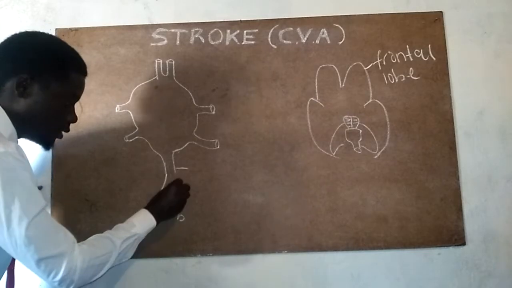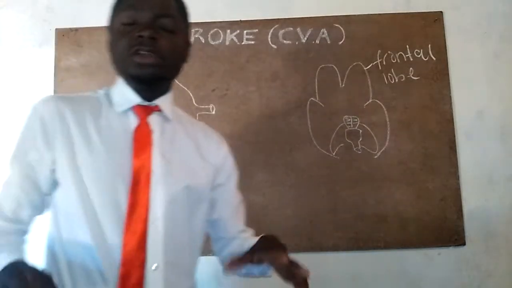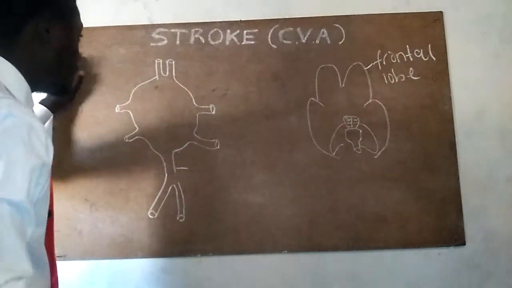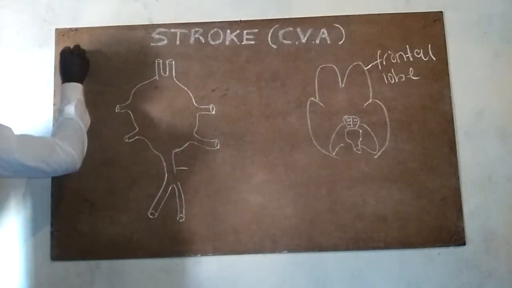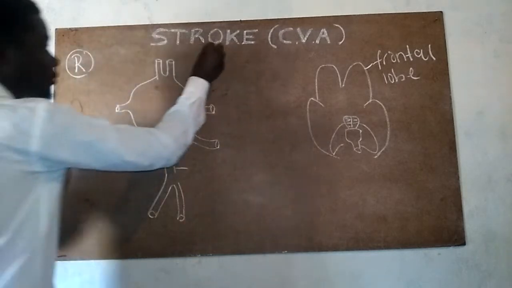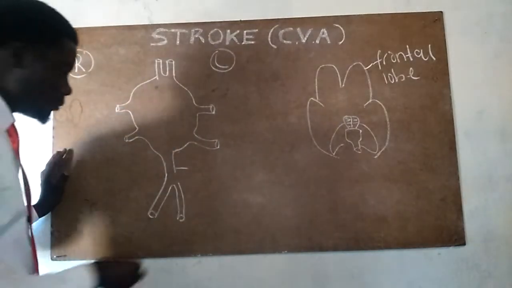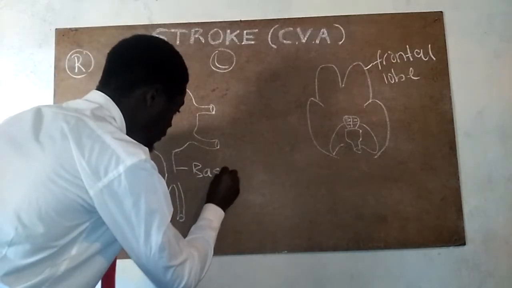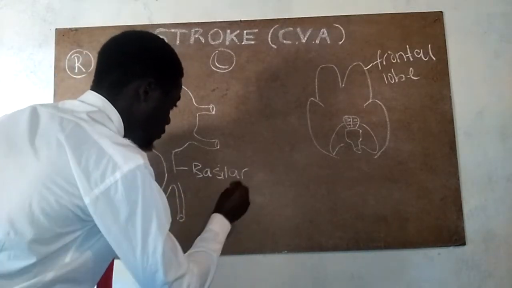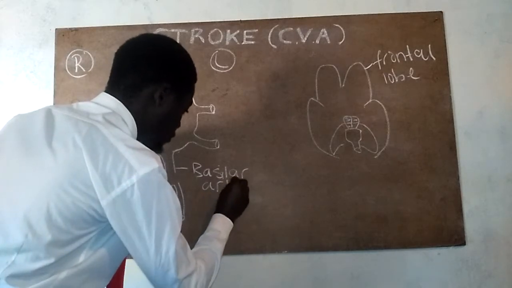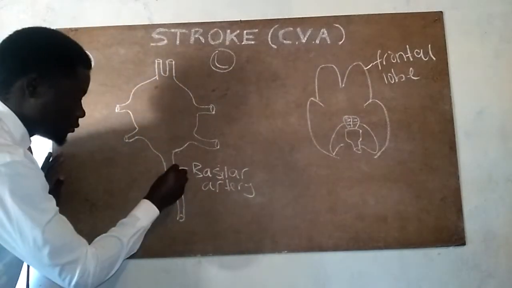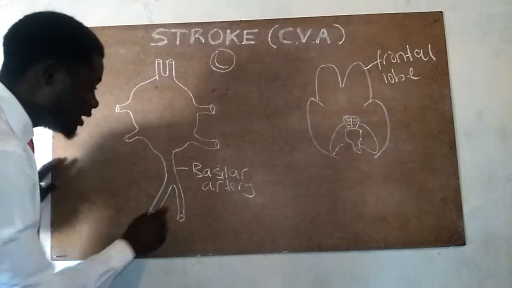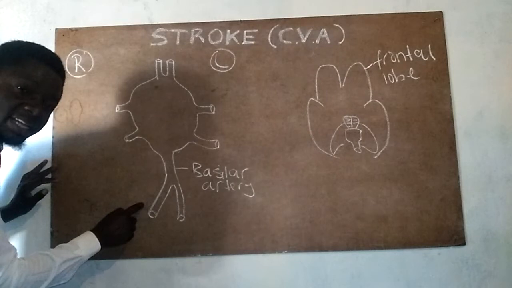So imagine this is my left hand side. This is the left hand side of this part, and this is the right hand side of this part. So this is the basilar artery. And these are the two vertebral arteries. There is the left vertebral artery and the right vertebral artery.